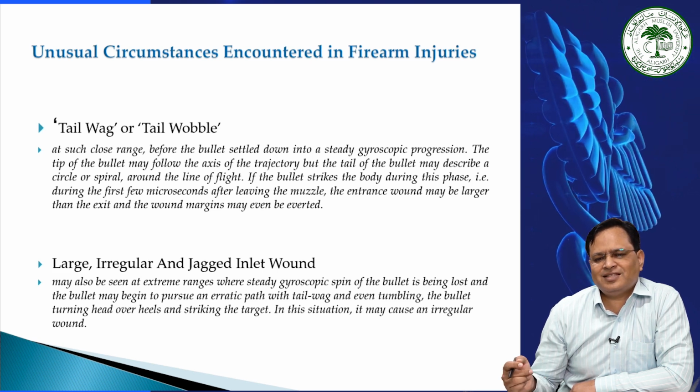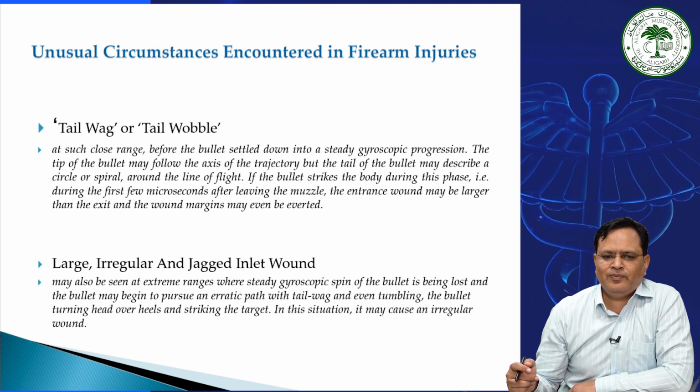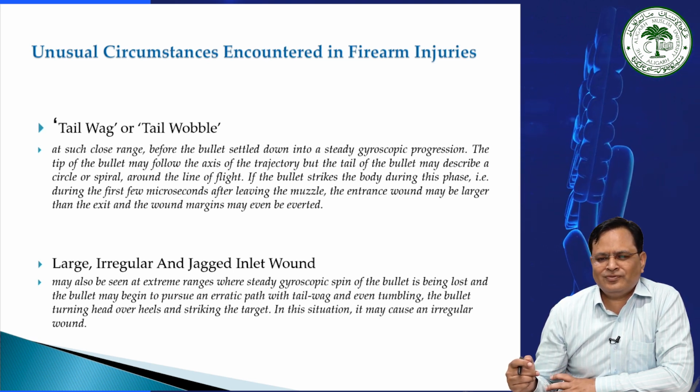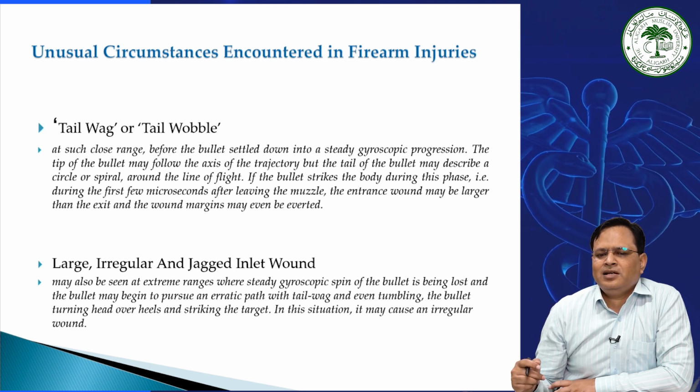If the bullet strikes the body during this phase, that is during the first few microseconds after leaving the muzzle, the entrance wound may be larger than the exit wound. A margin may even be everted.